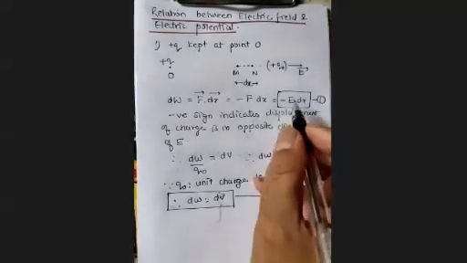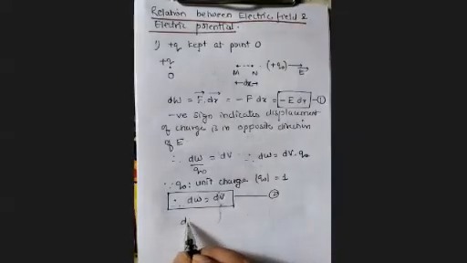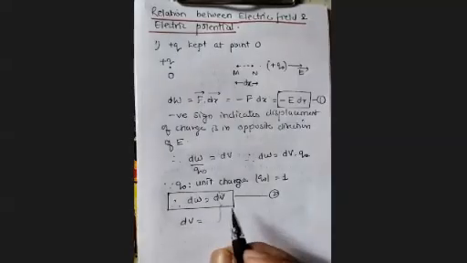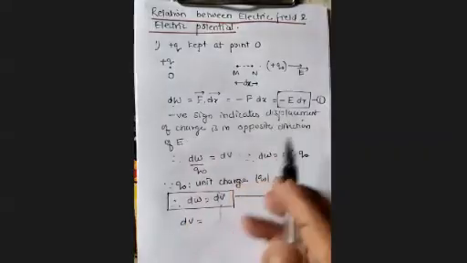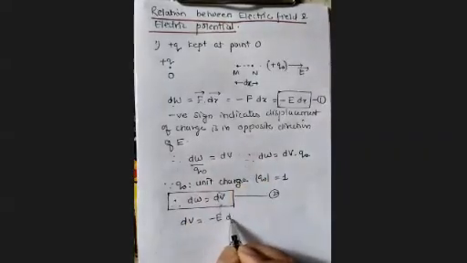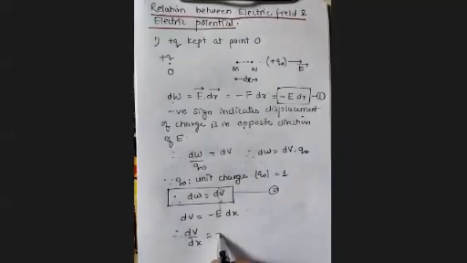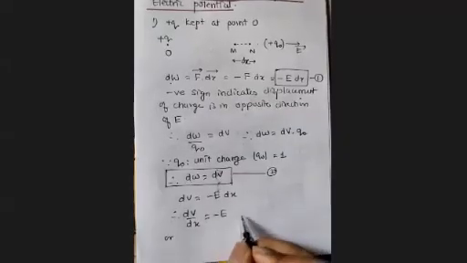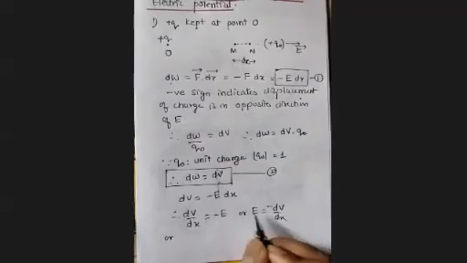When we compare these two, dV is equal to dW and dW is equal to minus E dx. Therefore, dV upon dx is equal to minus E, or you can say that E is equal to minus dV by dx.